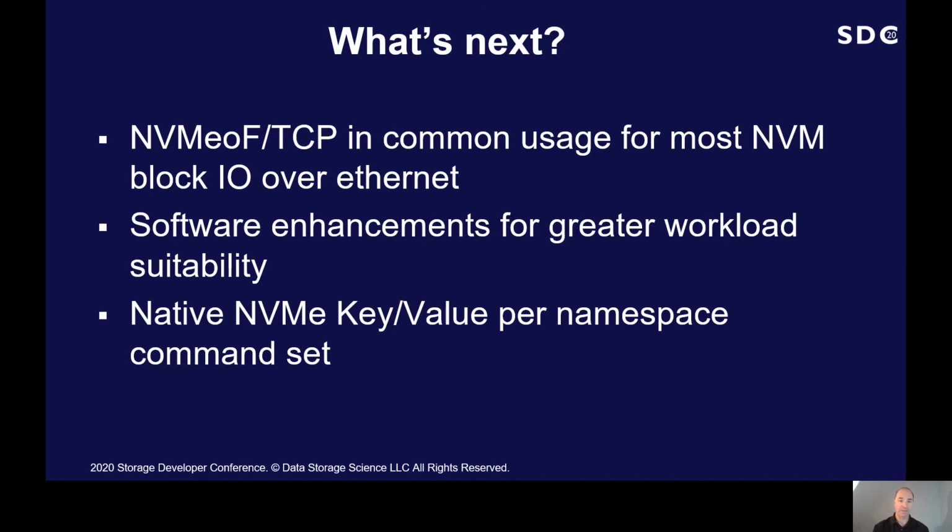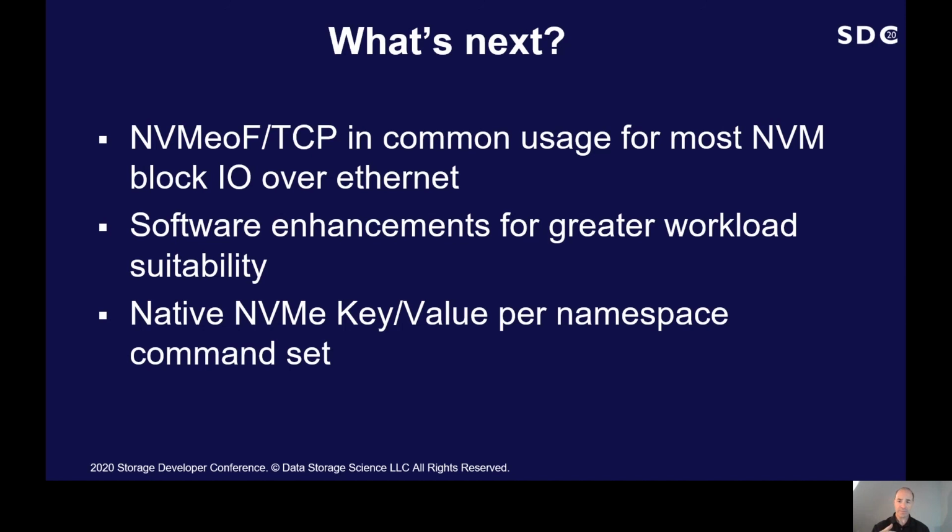Anything that exists in the NVMe standard is accessible through the NVMeoF standard just through the network. So protocol-wise, you'll get all the enhancements as time goes on in the fabric stack with TCP, and that's just good for everybody.